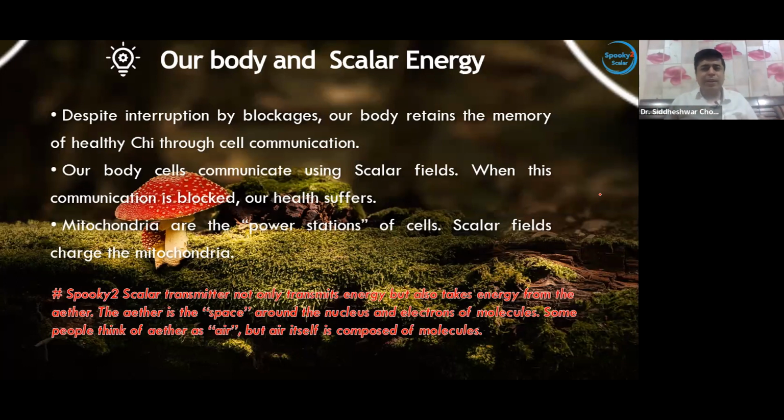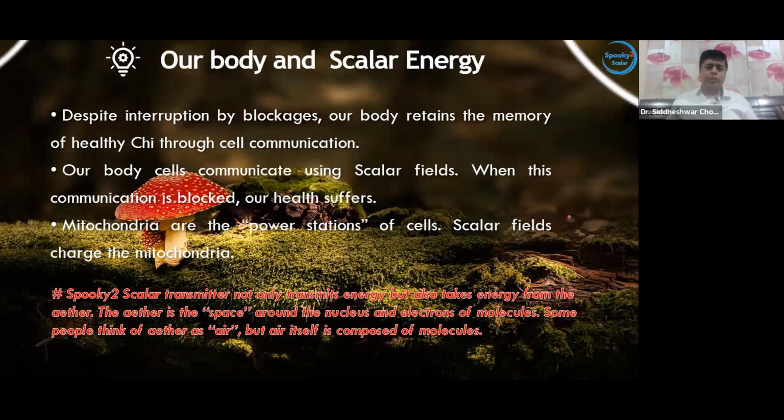These days, even at a young age, we don't exercise. So what is happening with exercise? The muscles are getting contracted and expanded, and then electricity is generated. That is our chi, if you want to call it that way.